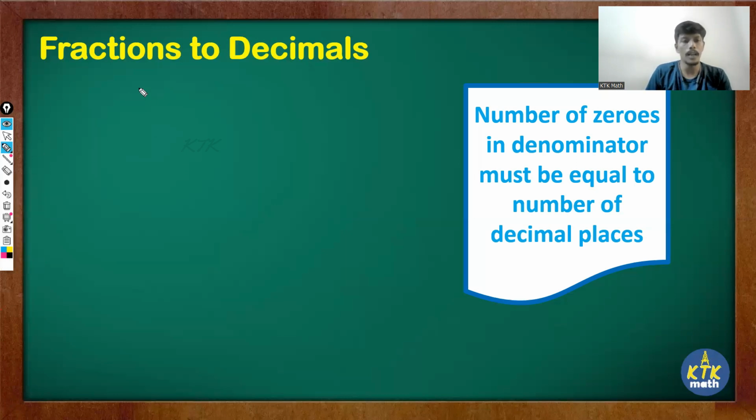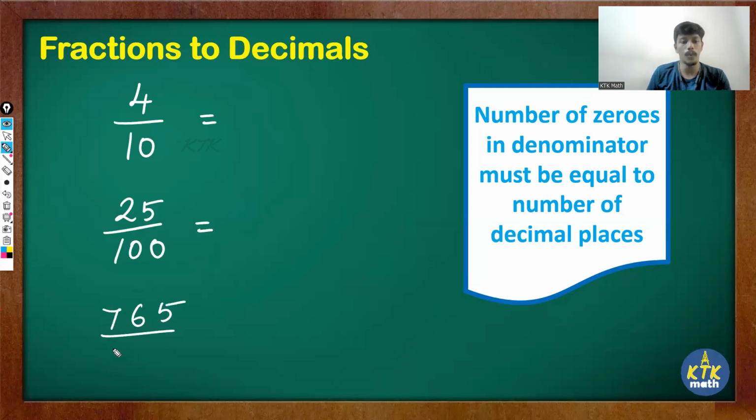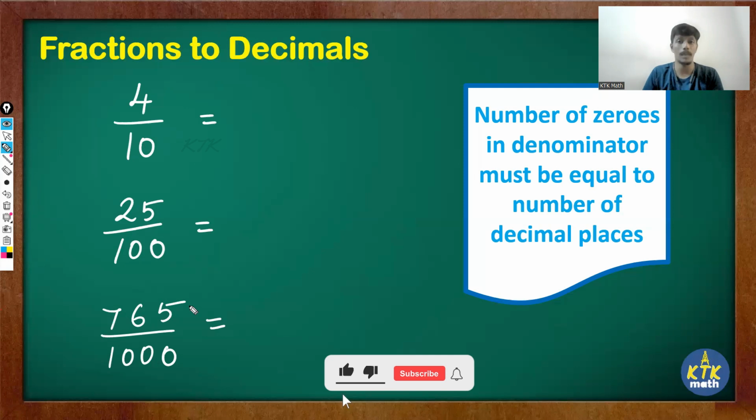If your questions are like 4 by 10, or something like 25 over 100, or 765 over 1000, all these fractions we can write directly in terms of decimals without doing any divisions.